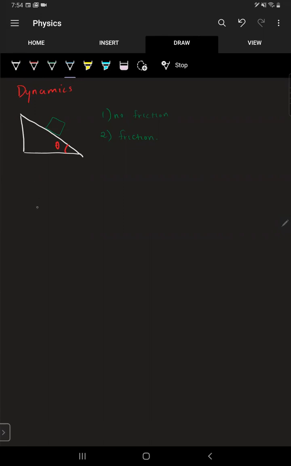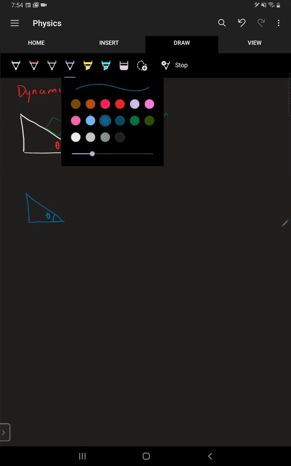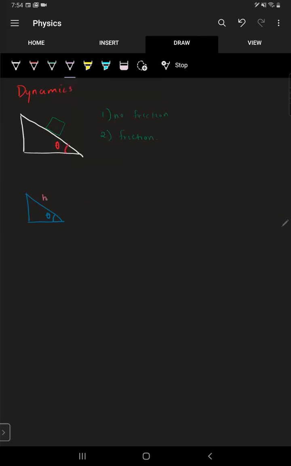So if we have a triangle, let me just draw this triangle here. And we have the angle, right? We have what we know from the Pythagorean theorem called the hypotenuse.